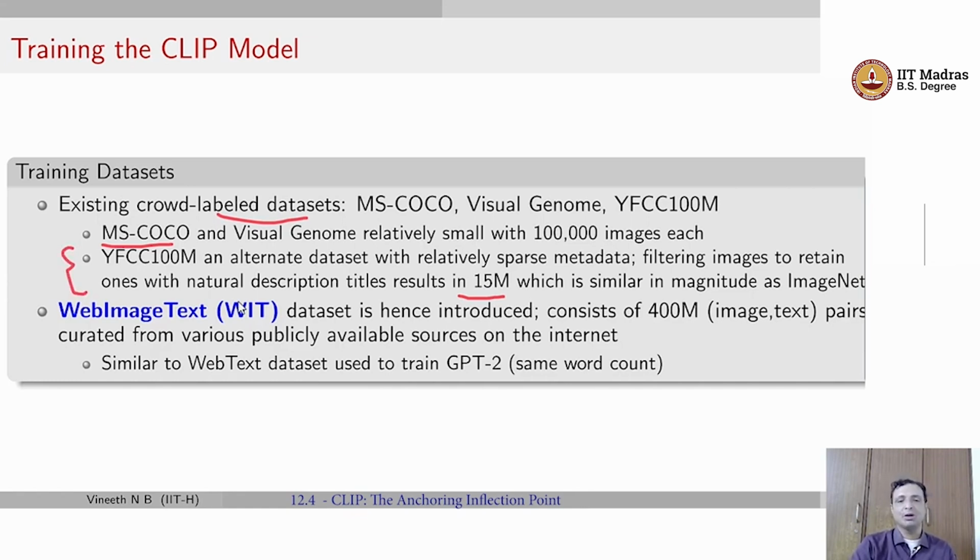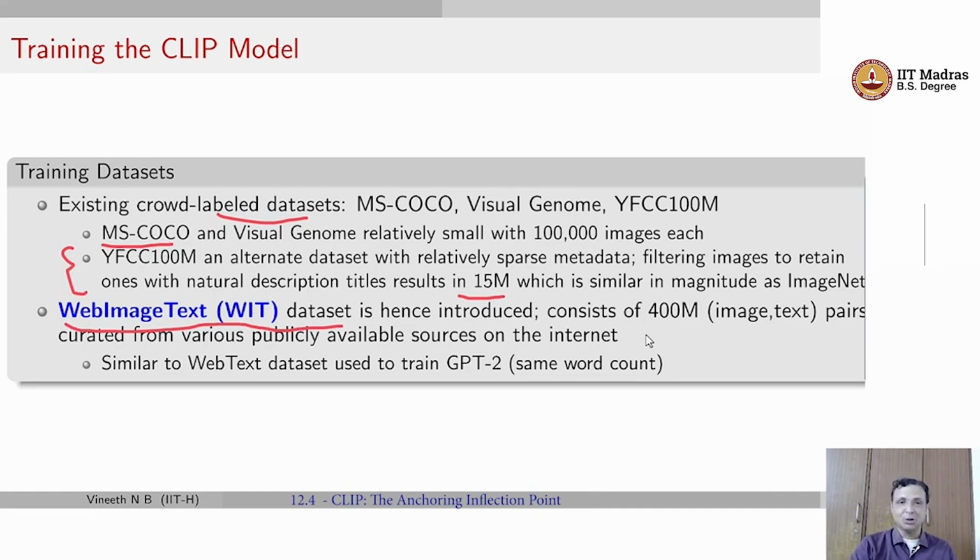Given these to be relatively smaller datasets, the authors of CLIP created their own dataset called the Web Image Text or the WIT dataset, which consisted of 400 million image text pairs curated from various publicly available sources on the internet.